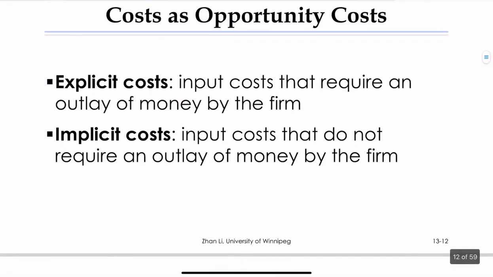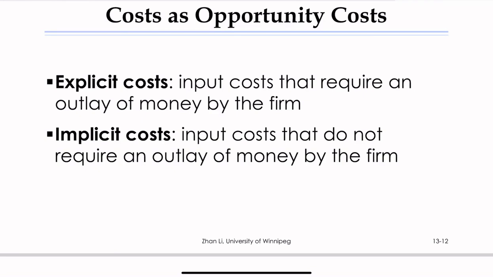Now you can see that we basically have two kinds of opportunity costs. The first is explicit opportunity cost. So in this case, it's the input cost, which requires the outlay of money. Then the second type of opportunity cost is the implicit opportunity cost.